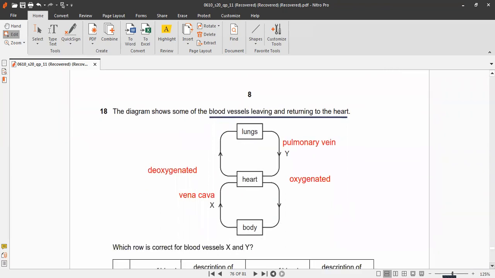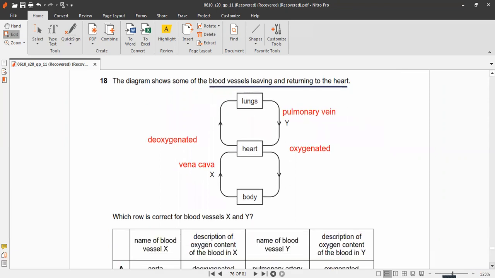The diagram shows some blood vessels leaving and returning to the heart, X and Y. Y, the pulmonary vein, goes from the lungs after gas exchange to the left atrium and contains oxygenated blood.